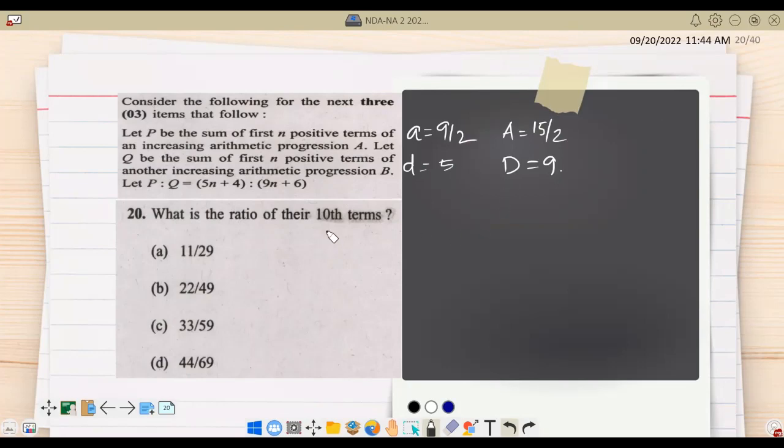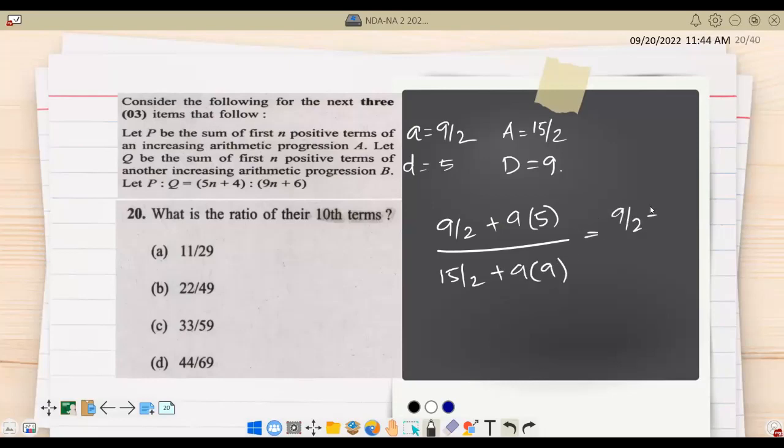Listen, so 10th term, we know the A values. So 9 by 2 plus 9 into, so n minus 1 d, that is 9 into 5, right? So divided by 15 by 2 plus 9 into 9. So the value is 9 by 2 plus 45 divided by 15 by 2 plus 81. The numerator, we can take the LCM.